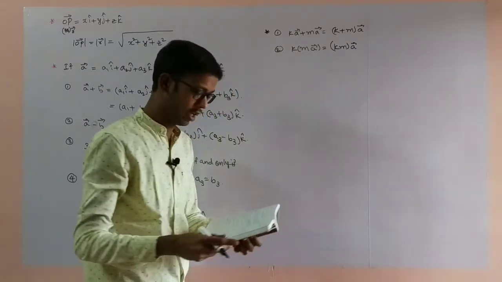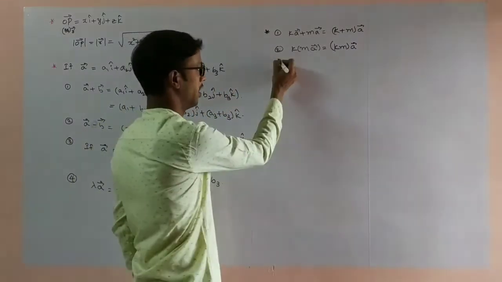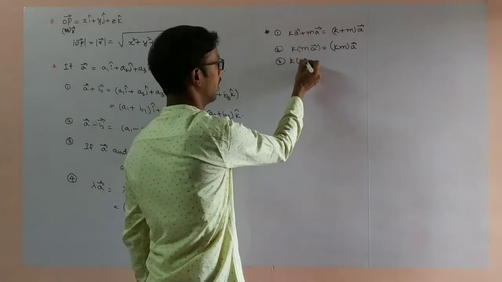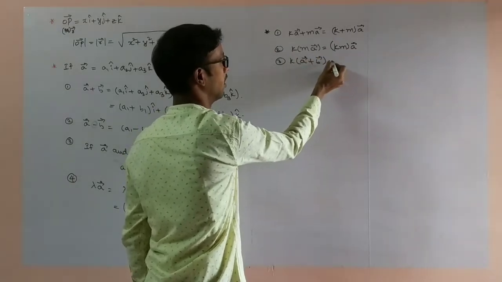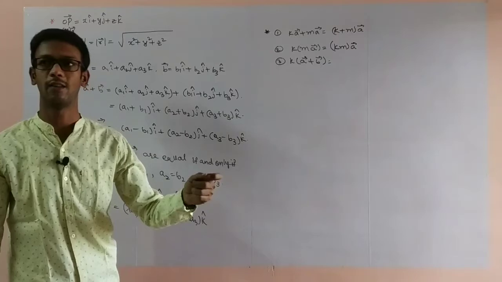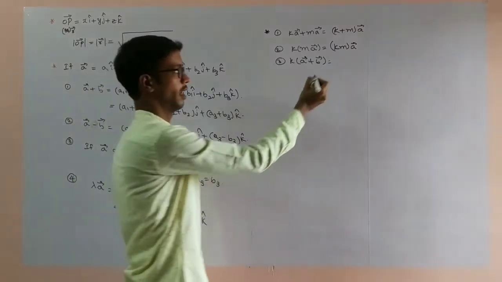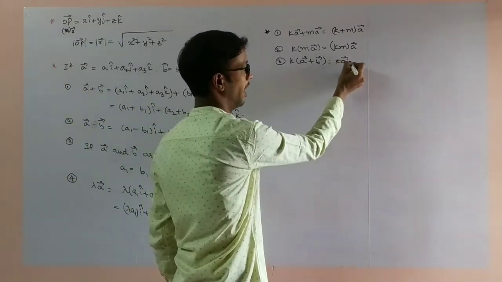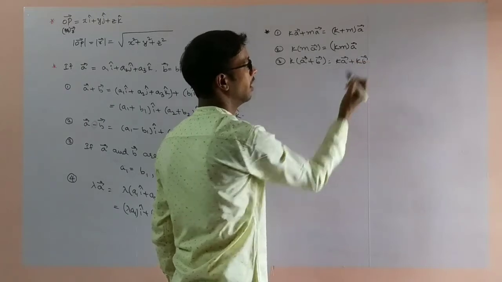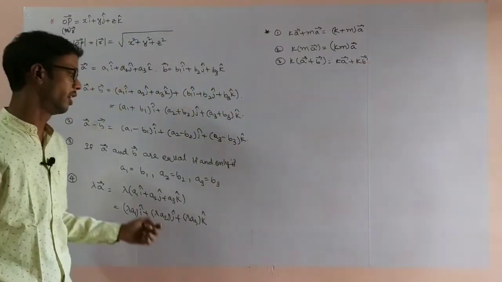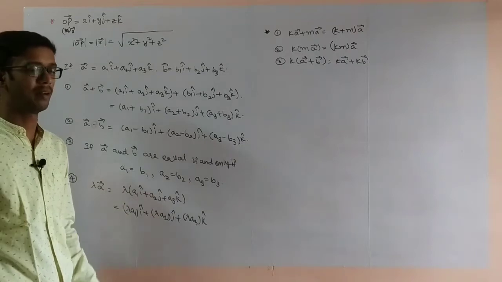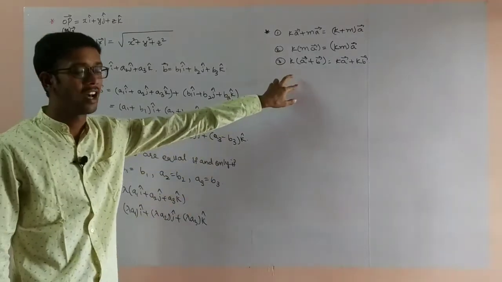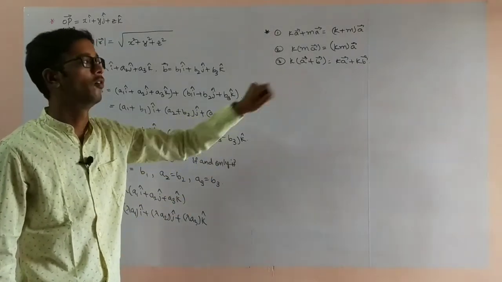Next, K into A bar plus B bar, where A bar and B bar are vectors and K is a scalar, we can write K A bar plus K B bar. These are the important points of addition and multiplication of component form of vectors.